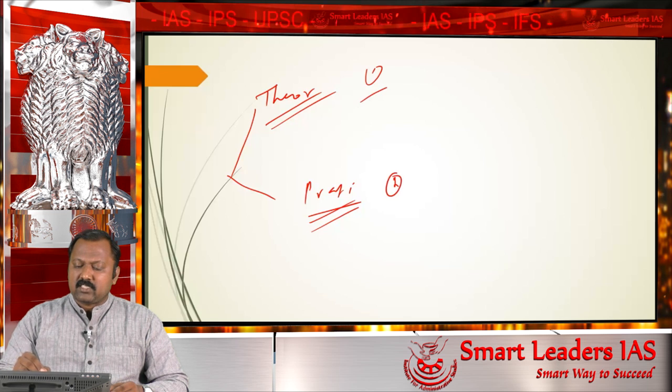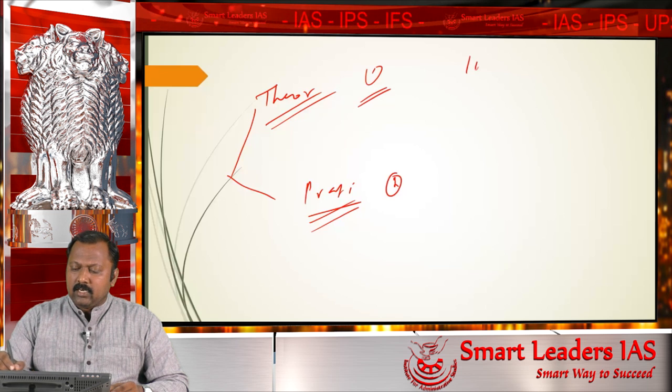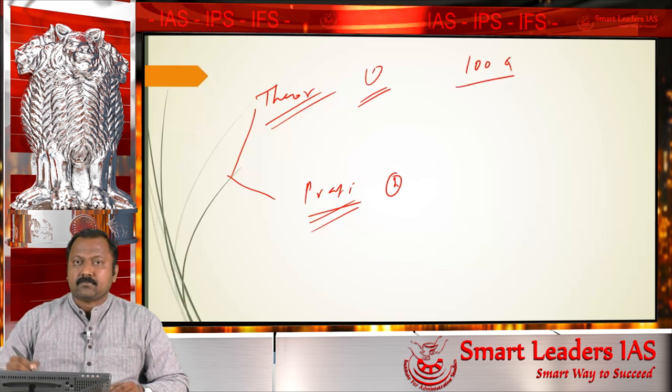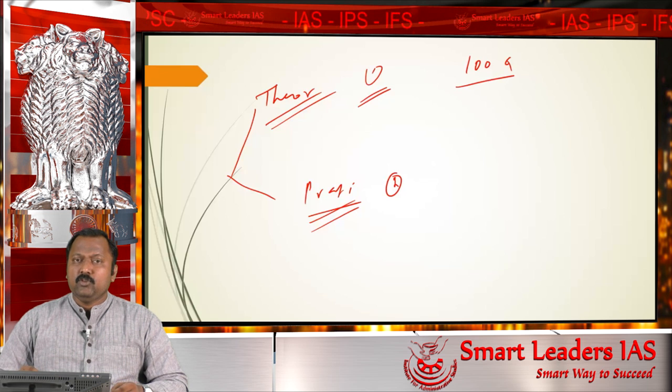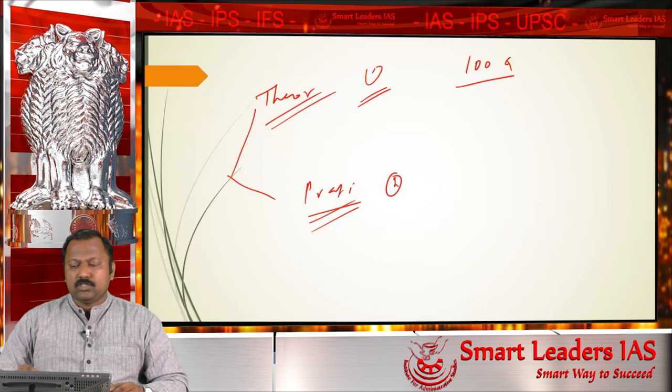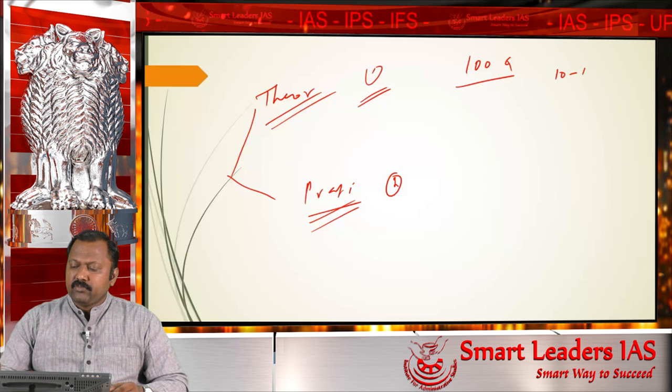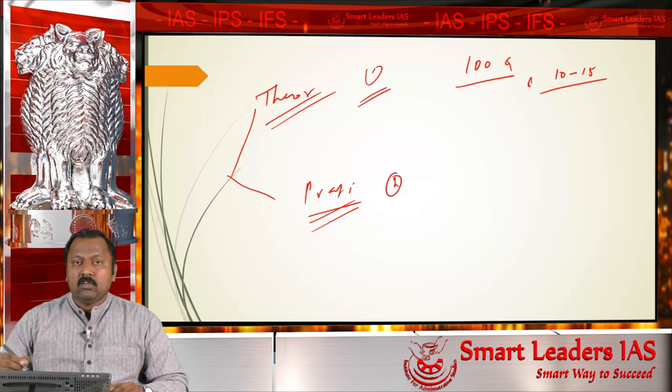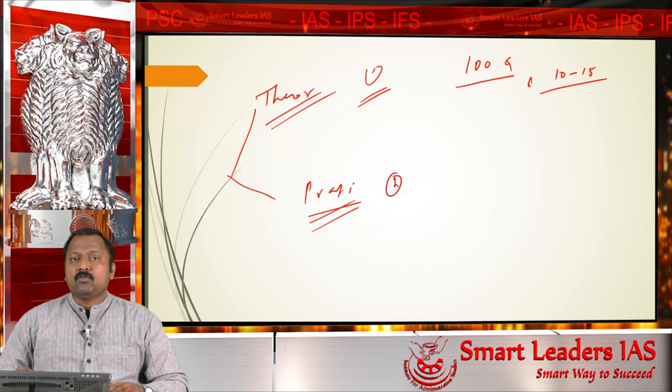First, theoretical marks. There are a total of 100 questions in the preliminary. As you all know, in the UPSC examination, out of 100 questions, close to 10 to 15 questions are ones that not many people, or none of them, could solve. So out of 100 questions, 10 to 15 are not your bread and butter.